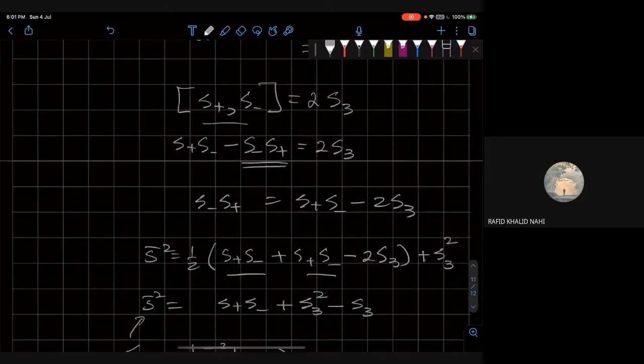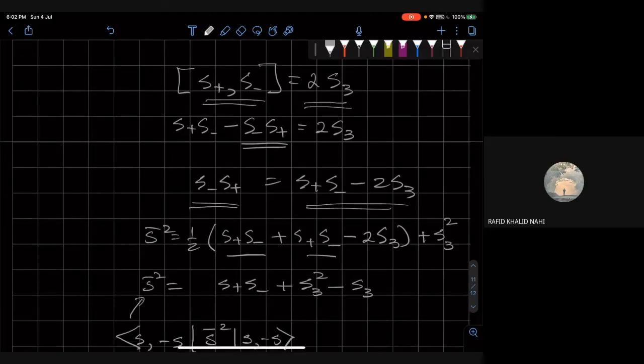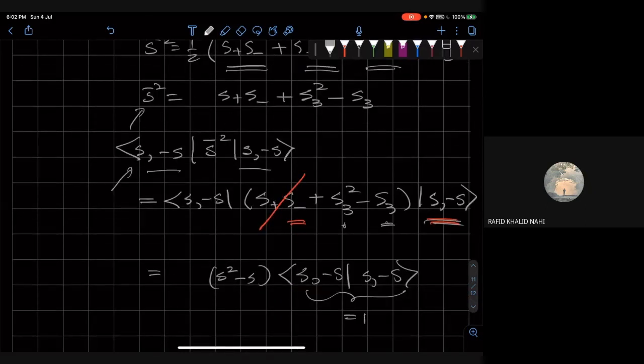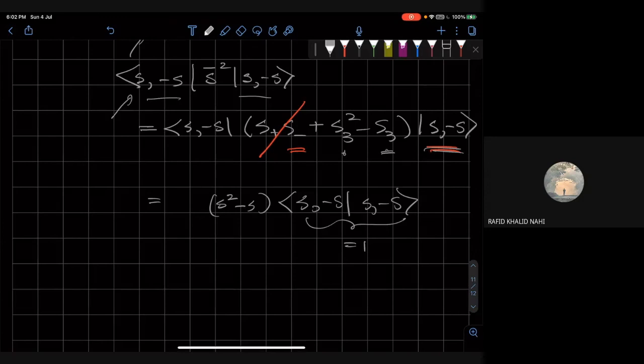S plus S minus is plus 2S, right? So S plus S minus minus S minus S plus is this. So S minus S plus is, okay, that seems correct. S plus minus minus, that also seems correct. Oh yeah, no, everything is fine. So S3 acting on this thing is going to give me minus S. So this will be a plus S, right?